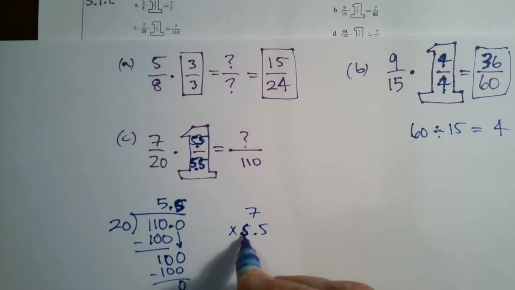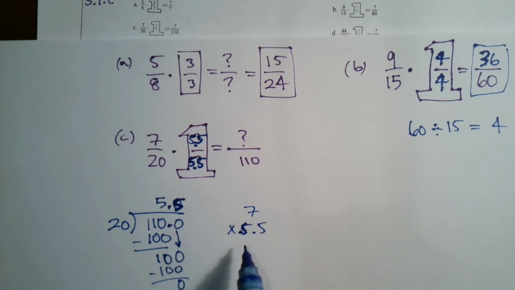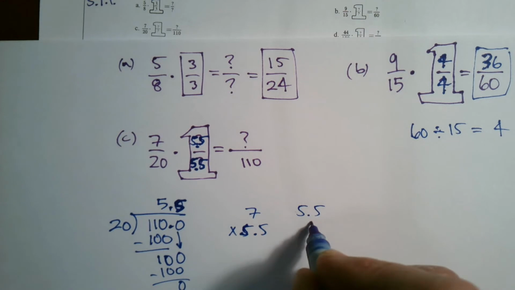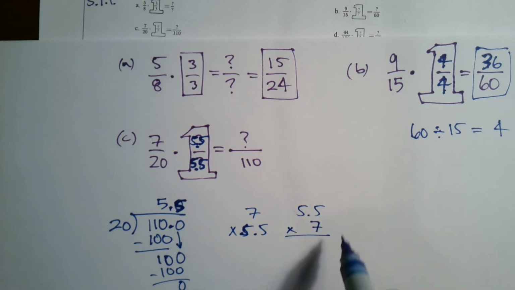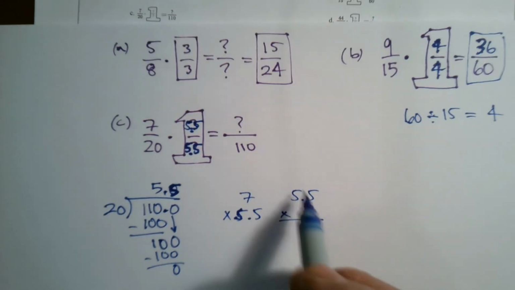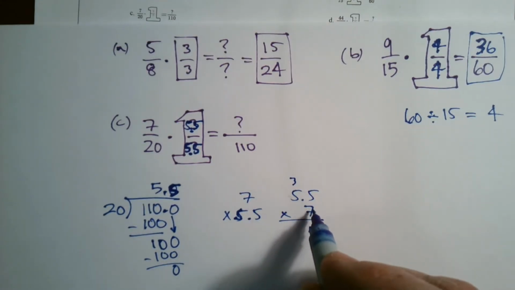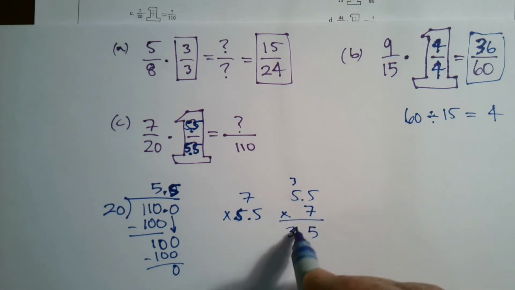When you multiply a whole number times a decimal, just ignore the decimal. So I'm going to rewrite and actually do 5.5 times 7 this way. Make it easier: do the single digit on the bottom. When I multiply, I get 5, carry the 3. That's 35, so 38.